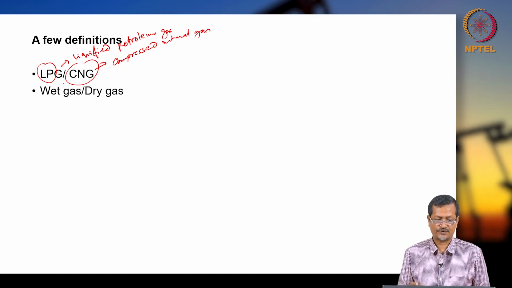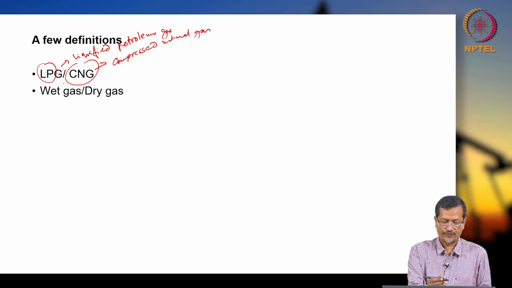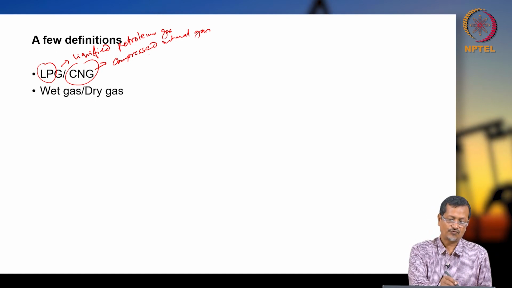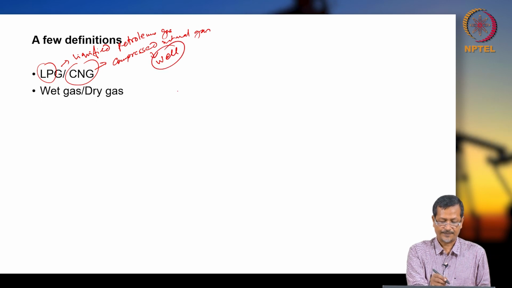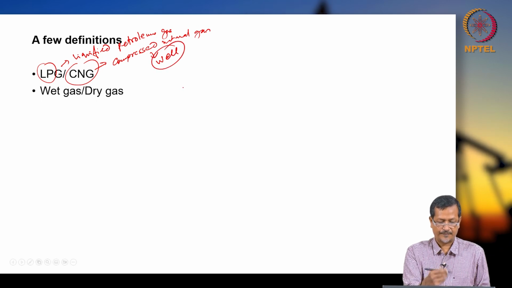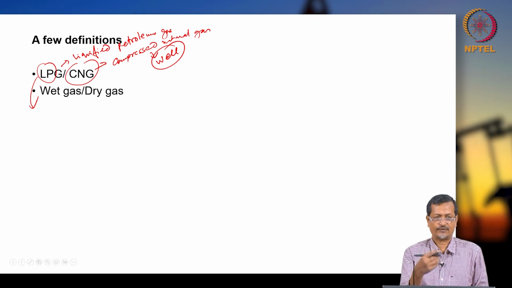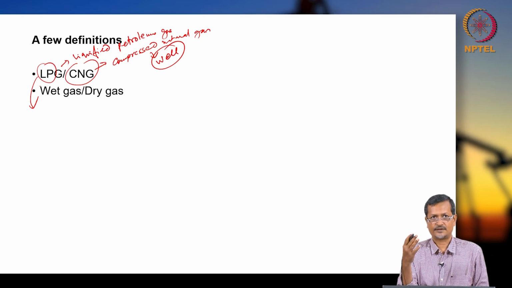So what is the difference between LPG and CNG? CNG is compressed natural gas and it is obtained directly from the wellbore. But LPG comes when you are processing crude oil in your refineries.